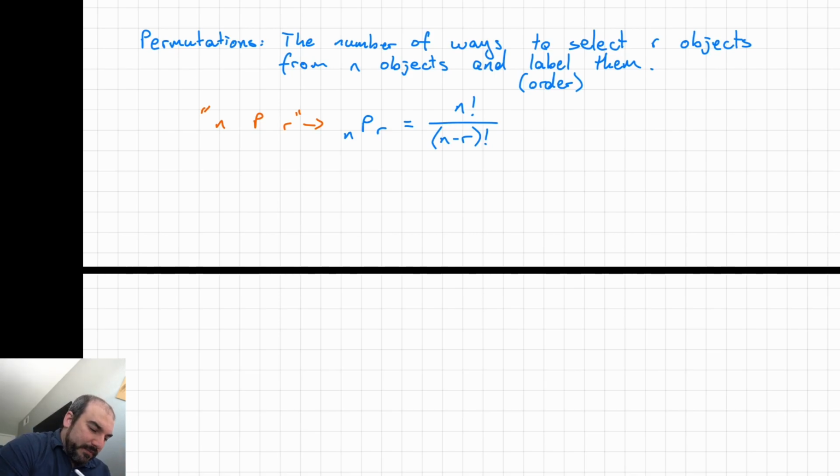So let's do an example here, and let's see what kind of example would use a permutation instead of a combination. I'm going to write a similar example so you see the subtle differences between the two examples.